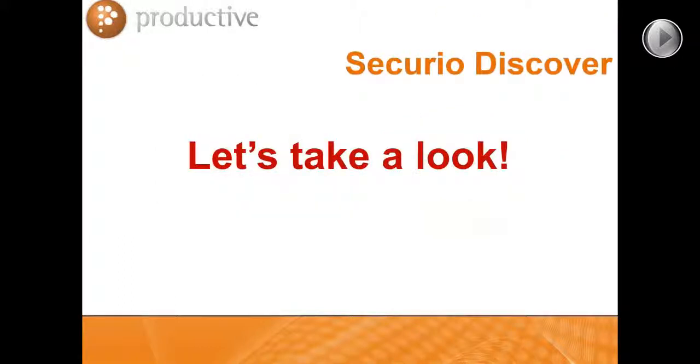So, Mike, one of the things I think is interesting about this is, you gave some examples, and we're actually in the process right now of giving another real example. At Productive, we specialize in security software, so we think of ourselves as pretty secure, and we're going to have a Discover scan done of our environment.